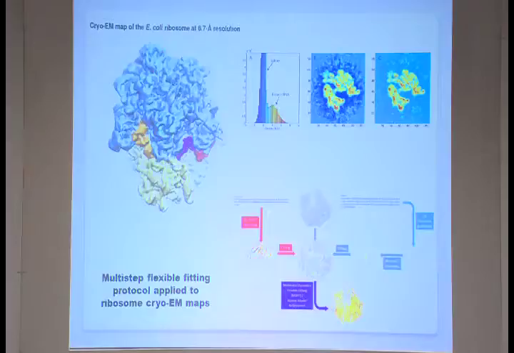For example, there is a protein L9 which is very flexible, and you get very little density for it. So after fitting all the proteins, they fitted the L9 protein at the end.